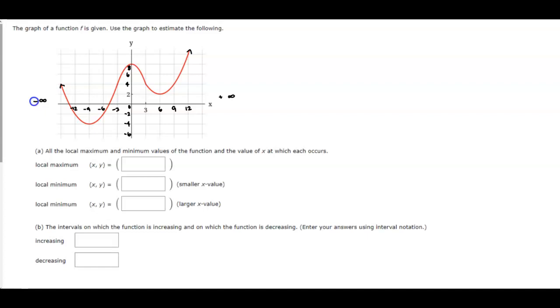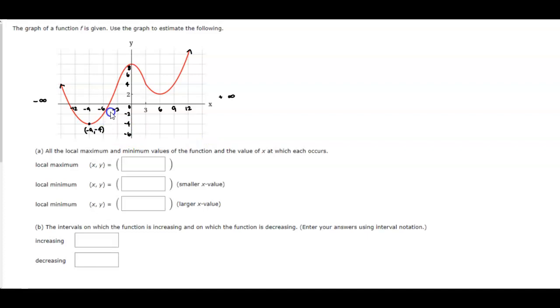Okay, so now that we know what those points are, we want to figure out where the local maximum and local minimum are. Well, the maximum is where it peaks in the graph. So we're looking at the turning points. If we start on the left-hand side of the graph and go all the way down here, this is a turning point, and it's at the ordered pair negative 9, negative 4.